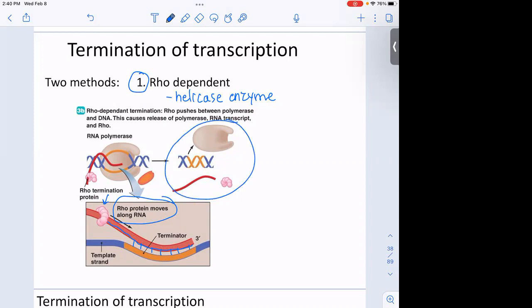The RNA polymerase coming off of the DNA, and the new messenger RNA disassociating from the DNA. How does the enzyme know how fast to go and where to stop? I don't know. But just that this Rho protein is involved to stop transcription.